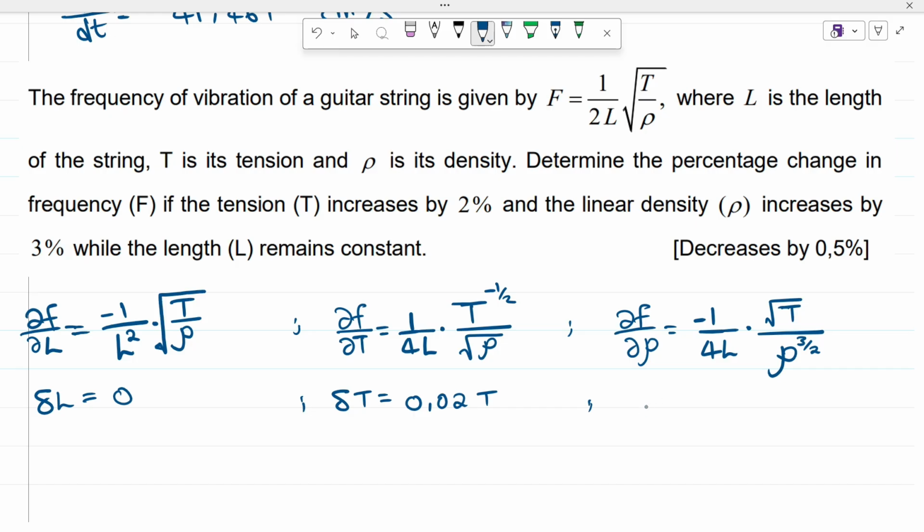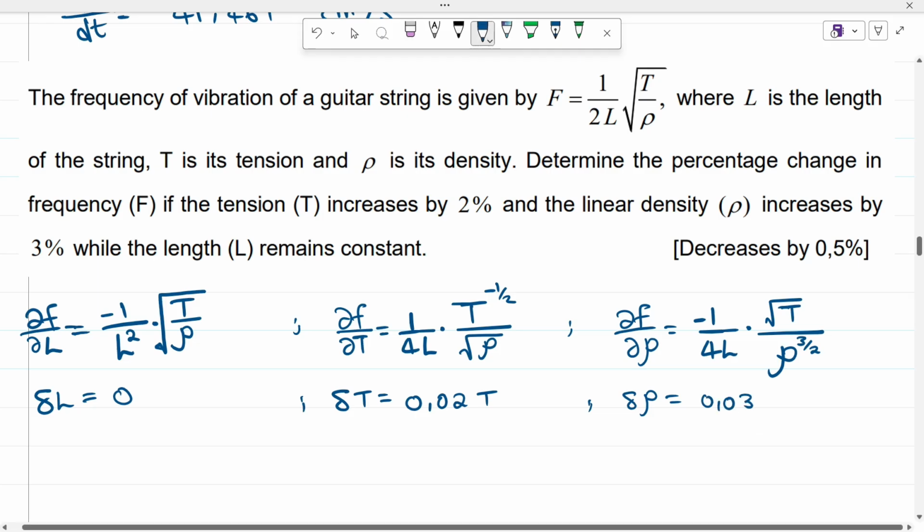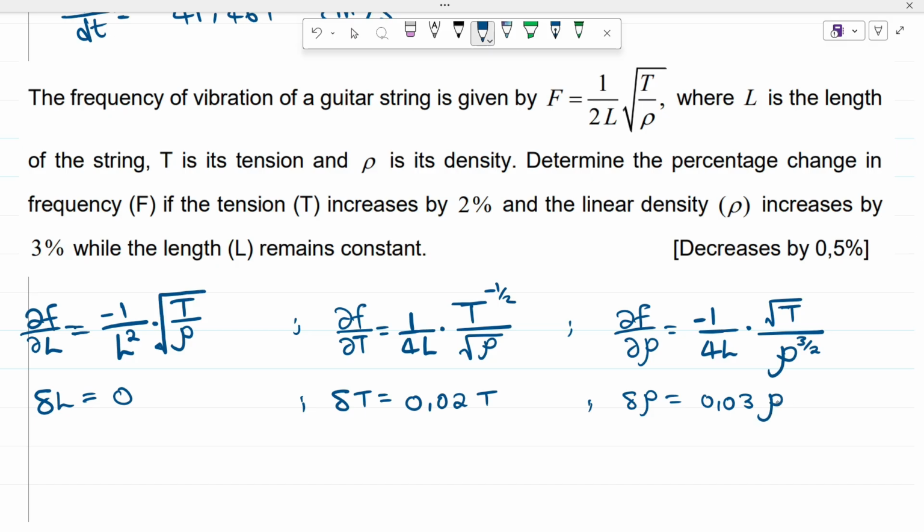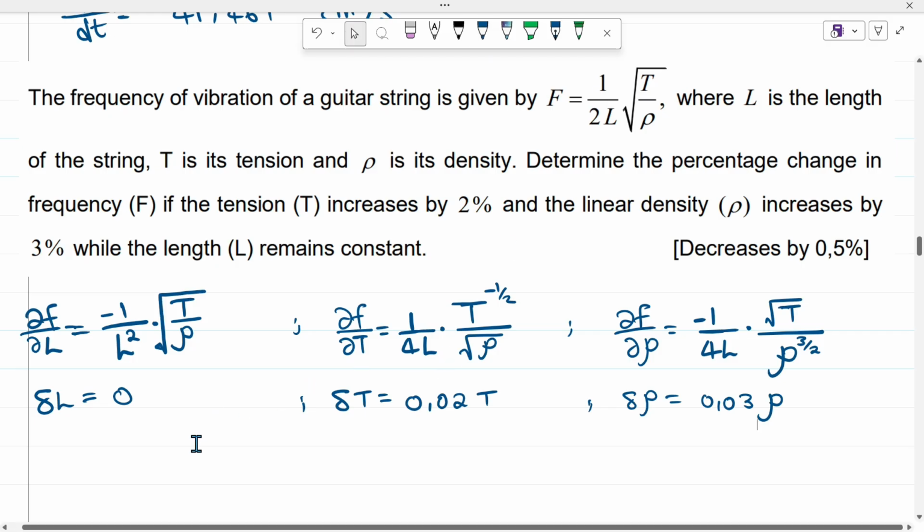They say density increases by that, so it's positive. So small change in density is 0.03 density, just like that. So now we can rewrite our equation in this following manner.